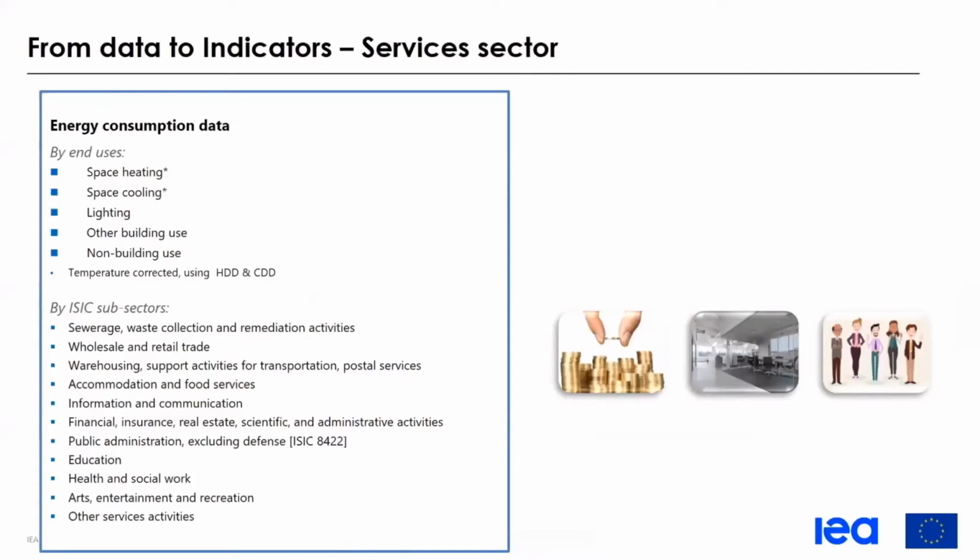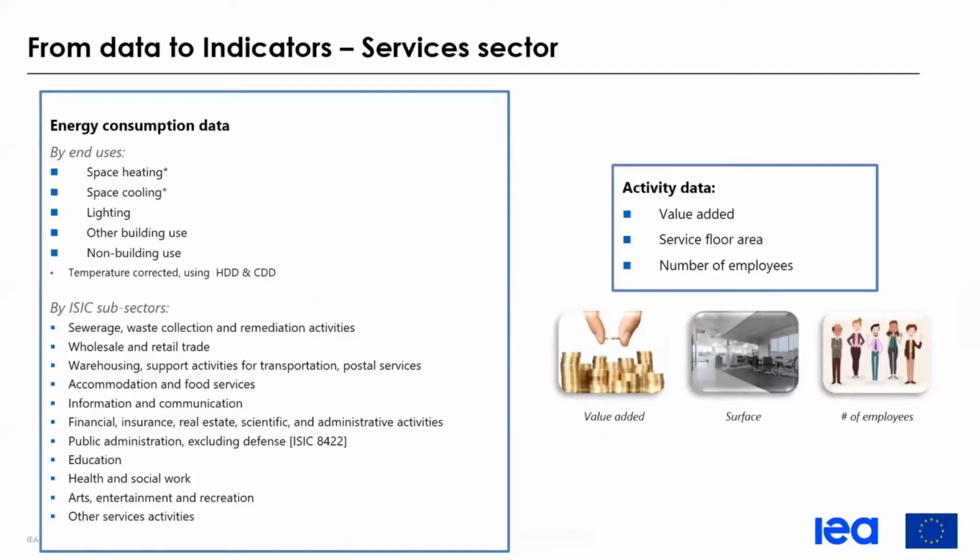We can also collect electricity and other fuel consumption data and floor area by ISIC categories instead of by end use. But it's also good to do for both end use and ISIC categories.